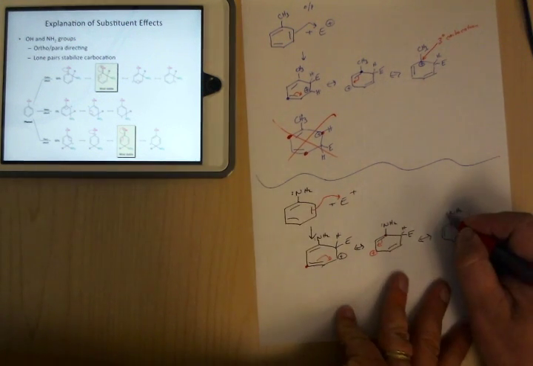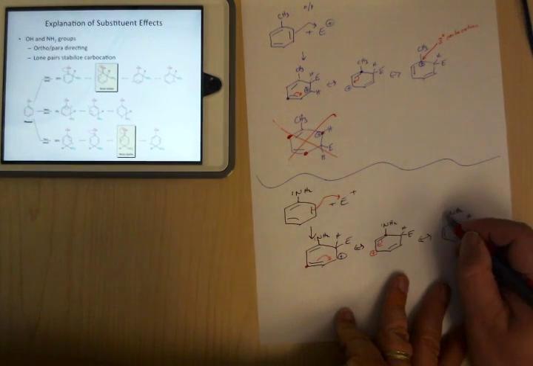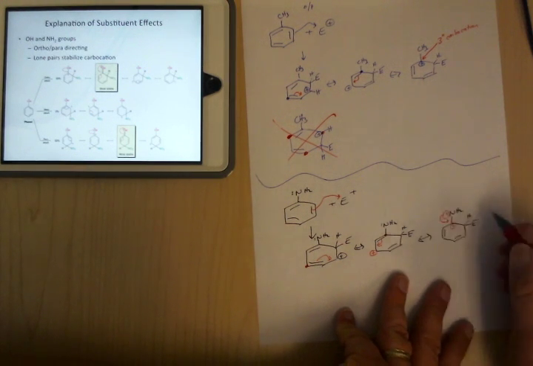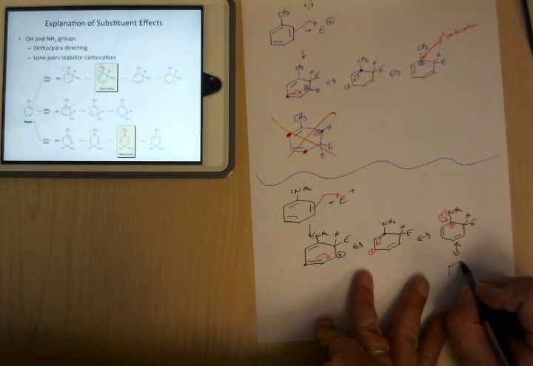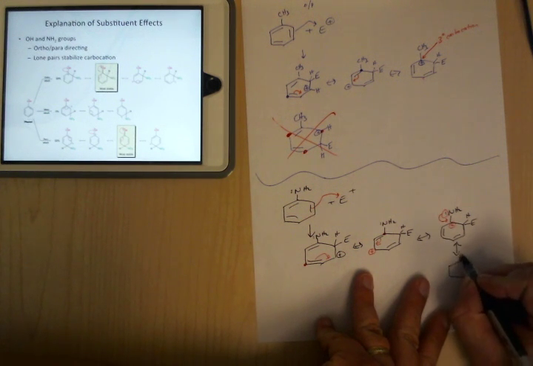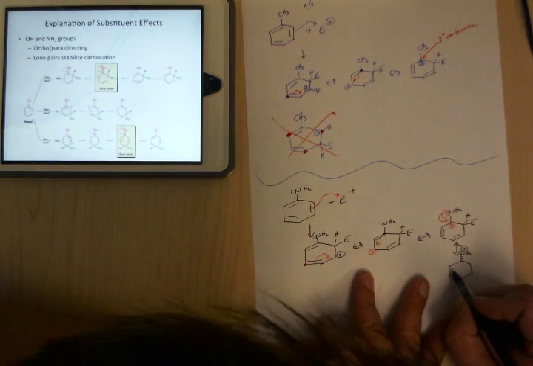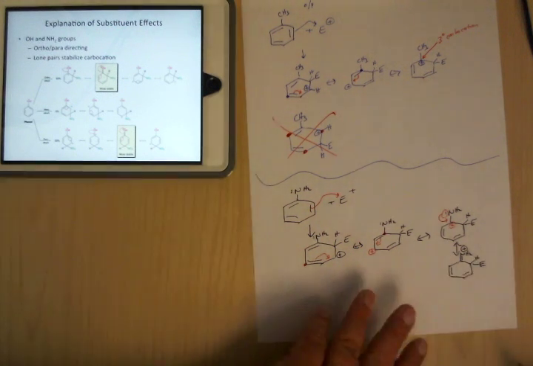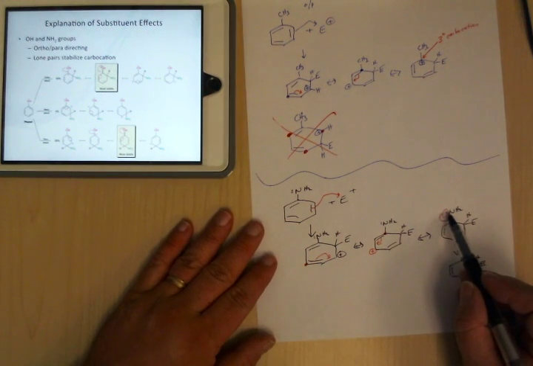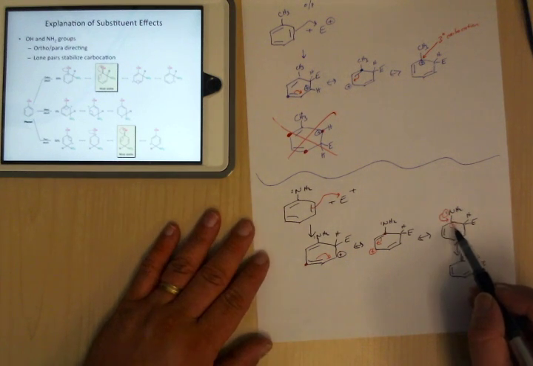Why? Well, what happens is that now, again, you can take these lone pairs and move them down here to make an additional resonance structure. Right? So you can move the lone pair down here to make this fourth bond with that carbocation.